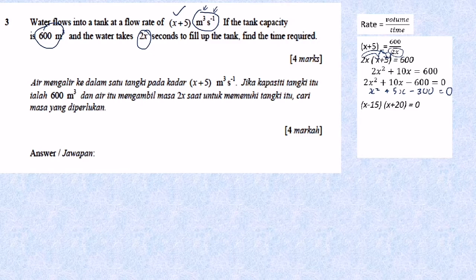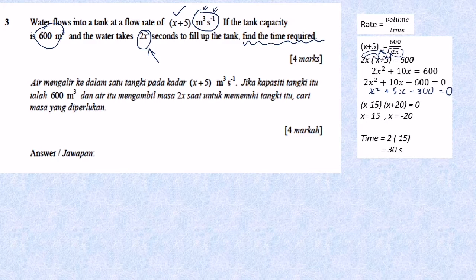Okay, so after we factorize, we will get s minus 15, s plus 20 equals 0, s equals 15, s equals negative 20. Now we need to find the time required, and don't forget the time required is 2s seconds. So time equals 2 times 15 equals 30 seconds.